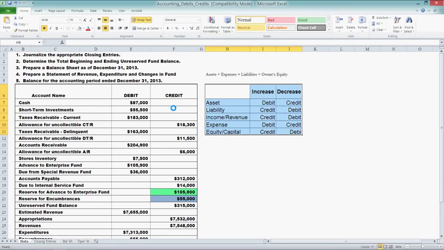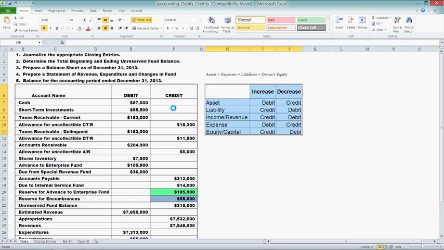Basically, we're talking about increases and decreases, and depending on what side of the accounting equation we're working on, it differs. So, for example, an asset increase, for example, an increase in cash, is a debit. A decrease in cash is a credit. For liabilities, it's the opposite.